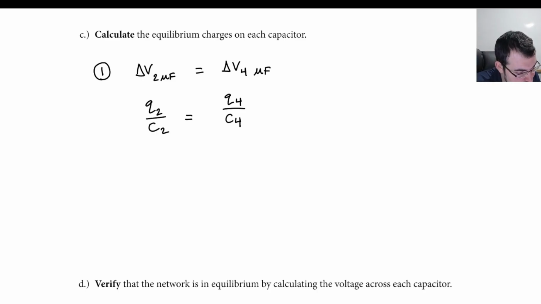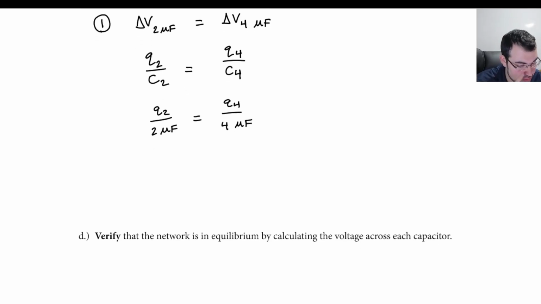And now we can do a bit of simplifying, right? Because we know what these C's actually are. We said that C2 is 2 microfarads. Q2 divided by 2 microfarad is equal to Q4 divided by 4 microfarad. And notice we have a nice linear multiple going on here. If I multiplied both sides by this 4 microfarads, we would see that Q on the 4 microfarad capacitor is exactly twice the Q on the 2 microfarad.